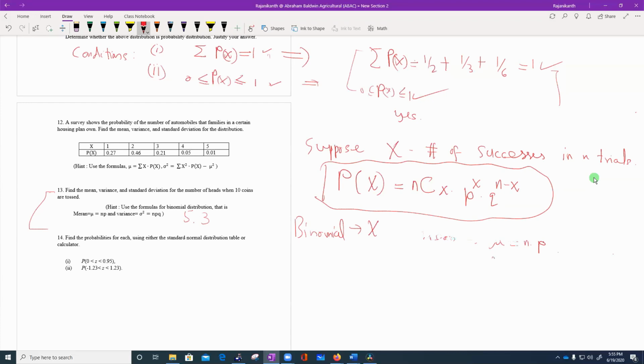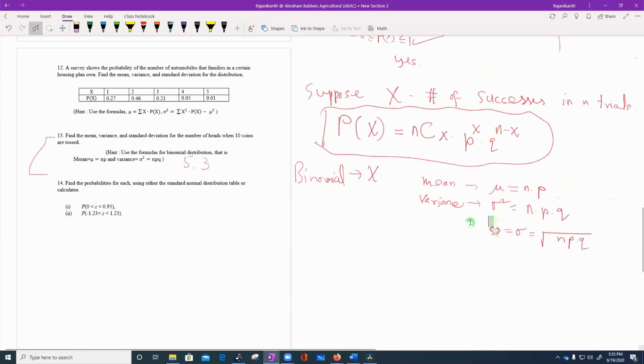If you are asked to find the variance of a binomial variable, that is simply n times p times q. And the standard deviation of the binomial variable, little sigma, is simply the square root of your variance. This is variance, that is n times p times q, right?